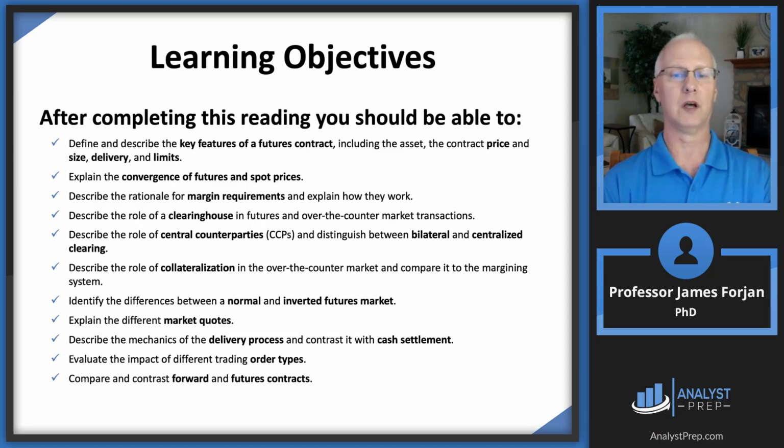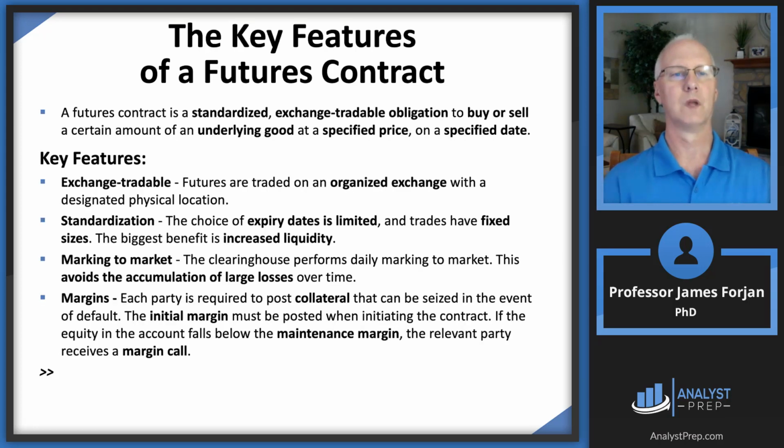Talking about a normal and inverted futures market. We're going to call those things contango and backwardation. Talk a little bit about the delivery process and some order types, and then compare and contrast forward and futures contracts. And I gave you that really good contrasting back in that first slide.